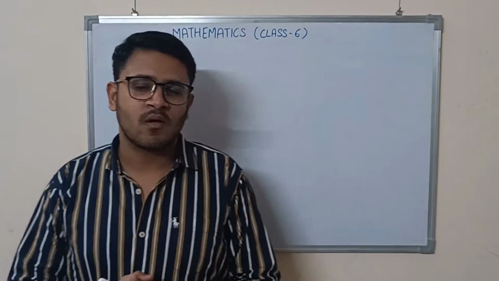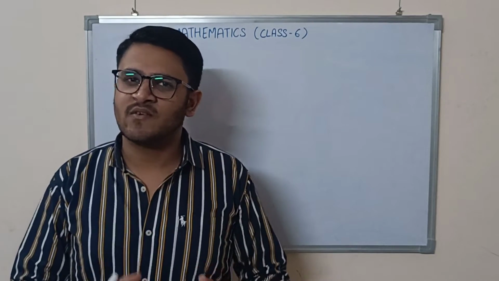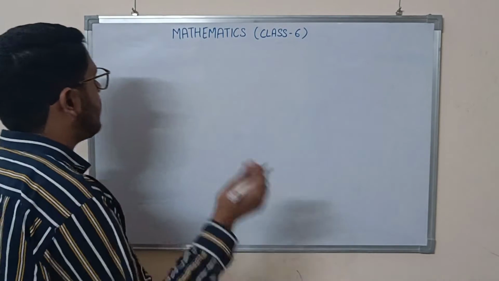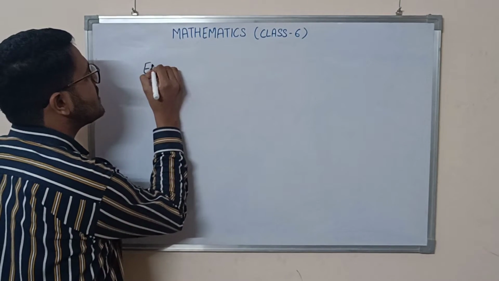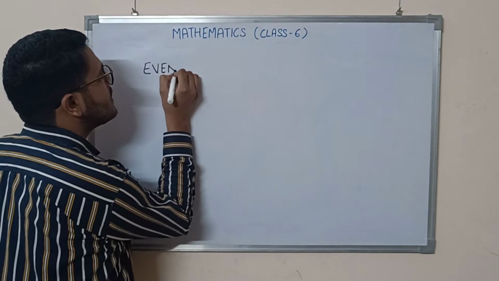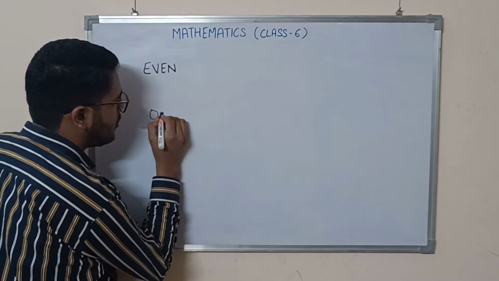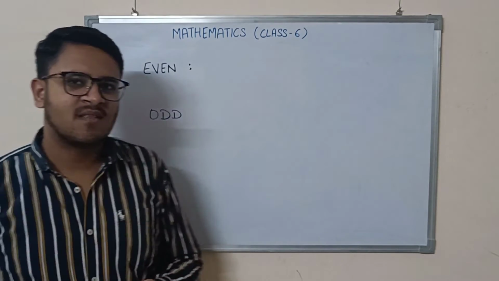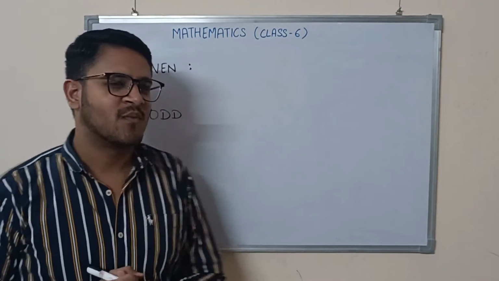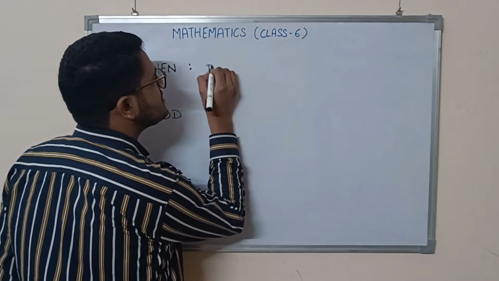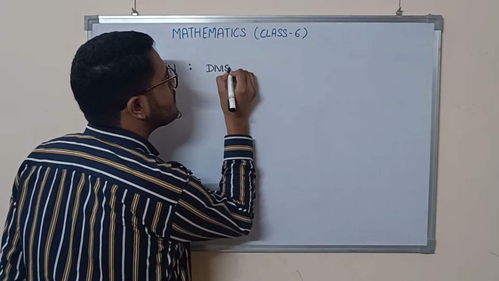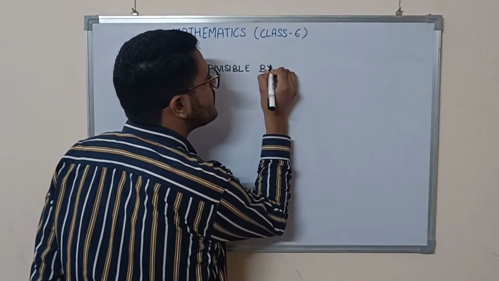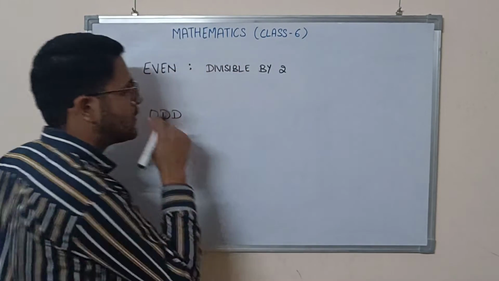Now before discussing some of the facts related to prime numbers, let's revise what even numbers and odd numbers are, right? We know that even numbers are the numbers which are divisible by 2, right?